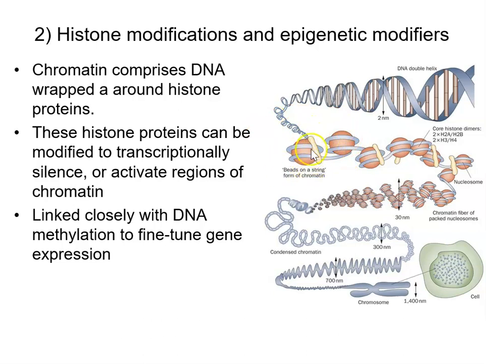Now this means that these histone proteins can actually control the likelihood of transcription of DNA by making modifications to these histone proteins, and this can fine-tune gene expression, usually coupled with DNA methylation as well.